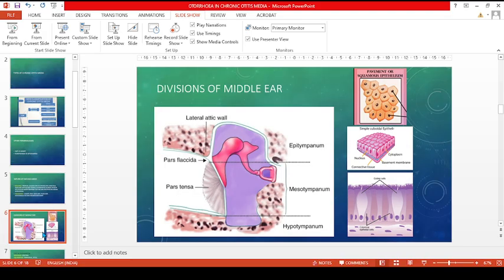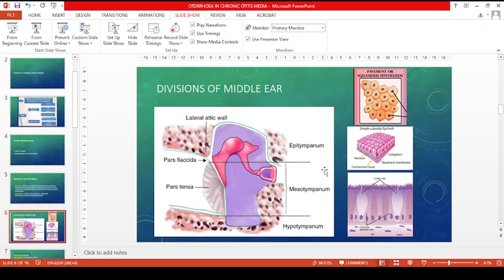Discharge in mucosal disease is profuse because it involves the mesotympanum, the hypotympanum, and the protympanum, which are lined by columnar ciliated epithelium containing plenty of goblet cells and mucus secreting glands. Hence, the discharge in case of tubotympanic disease, which involves the anteroinferior part of middle ear cleft, is profuse.